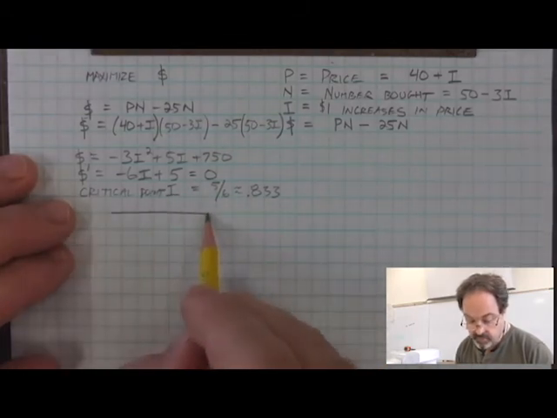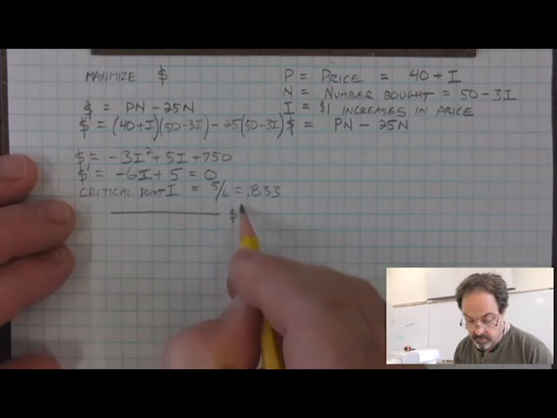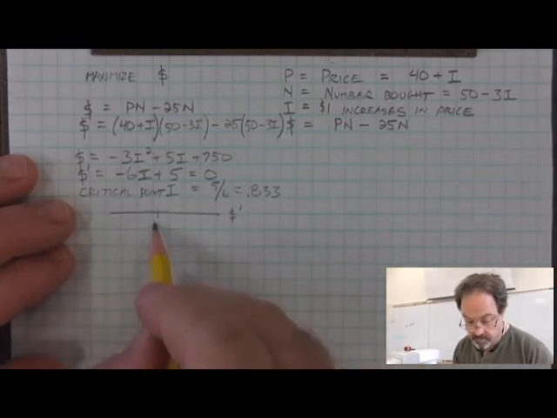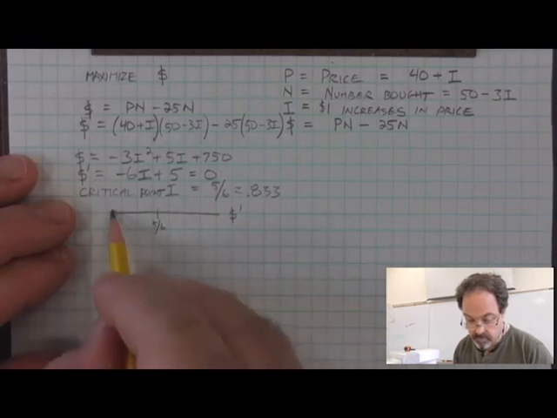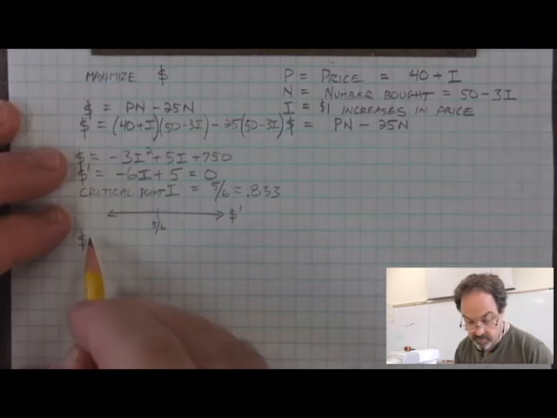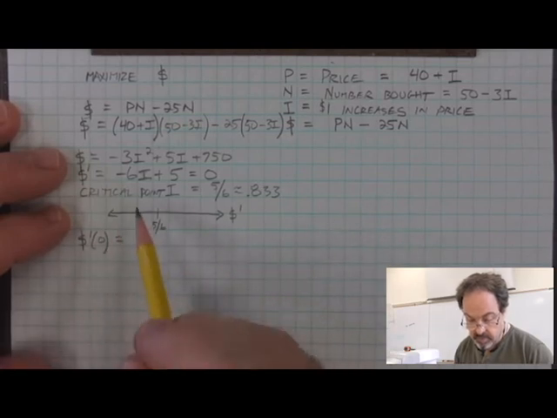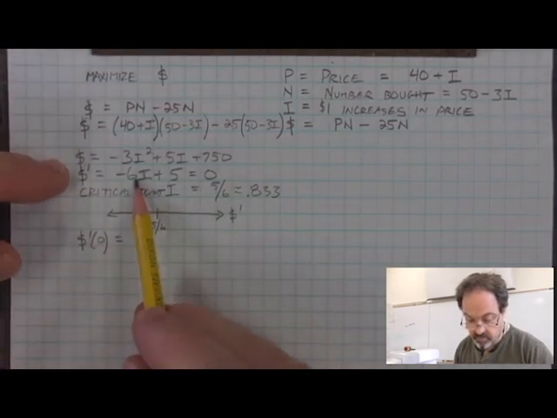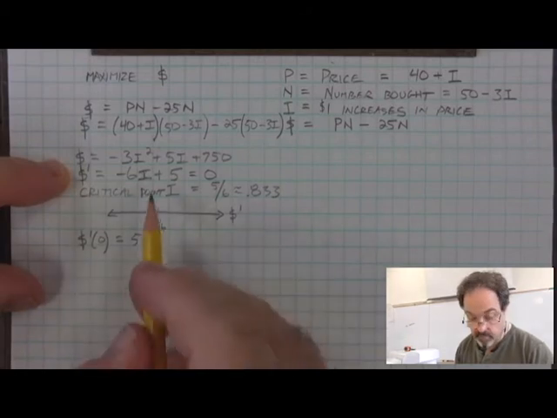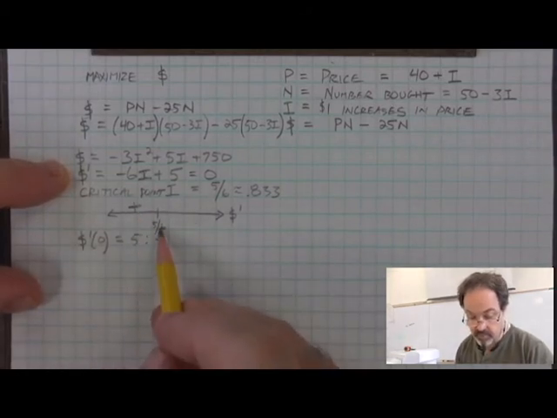I still have to show, given a sign line, that the derivative of my profit equation before this critical point, I'm going to choose 0. In this case, if I put 0 into the derivative, I get 0 plus 5, which is 5, a positive derivative before my critical point.